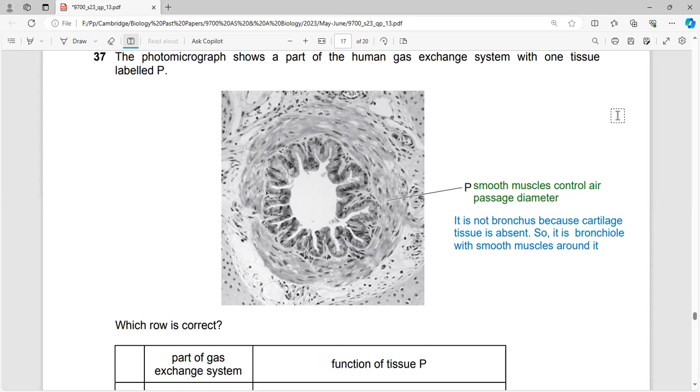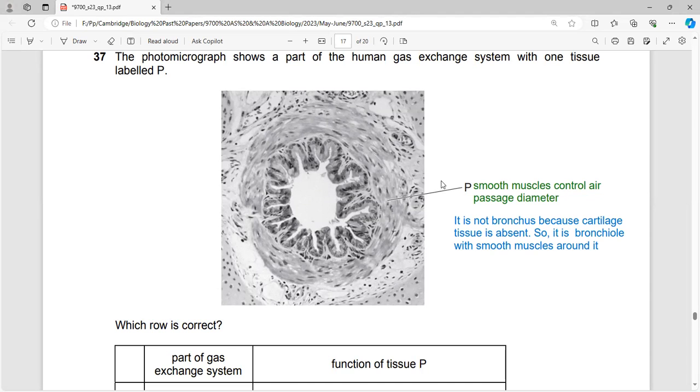Now in this tract, we can see that it is not trachea and it is not bronchus. Why? Because a cartilaginous ring is not visible here. Cartilage is one prominent tissue, so if it is not present here, it cannot be trachea or bronchus.